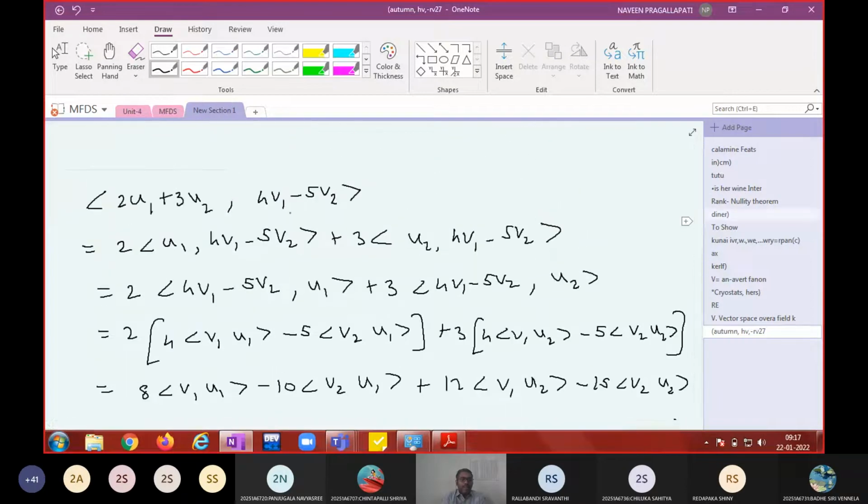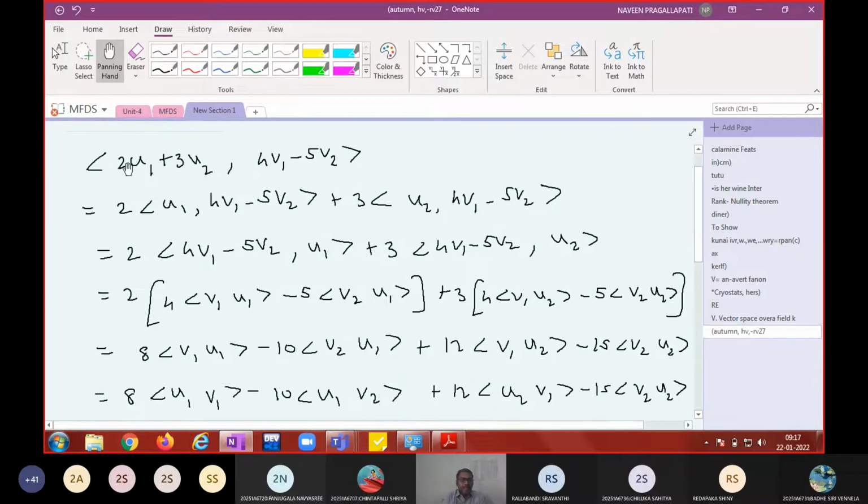So how it is looking is like just multiplying two polynomials. 4 2s are 8 u1 v1; next 5 2s are 10 u1 v2; 3 4s are 12 u2 v1; and 3 5s are 15 u2 v2, like this. And u1 may be equal to v1, u2 may be equal to v2 also.